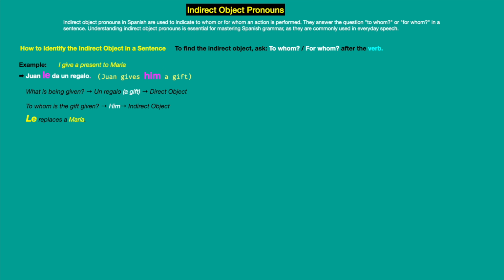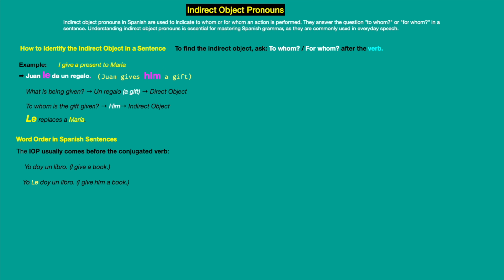It's the same as saying him. Regarding the word order in a Spanish sentence, the IOP, the indirect object pronoun, usually comes before the conjugated verb. So here we say yo doy un libro, okay? That is the normal sentence. Yo doy un libro. I give a book.